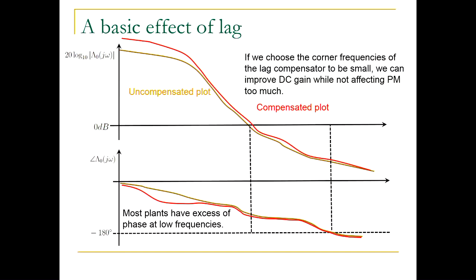But then we did increase the steady state gain, the DC gain at low frequencies, and this will generally improve steady state errors. It would reduce the amount of steady state error that you have with this compensator. So this is the basic use of lag.